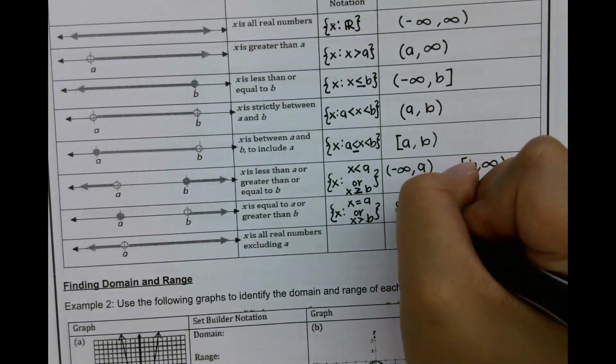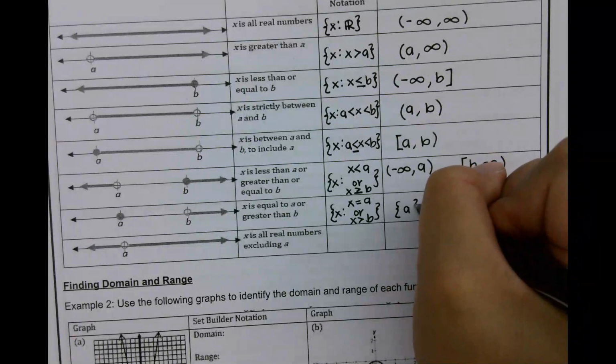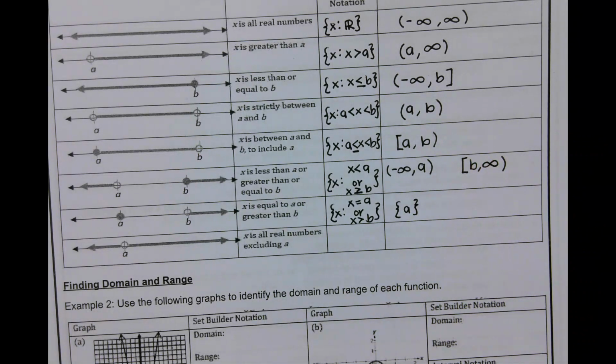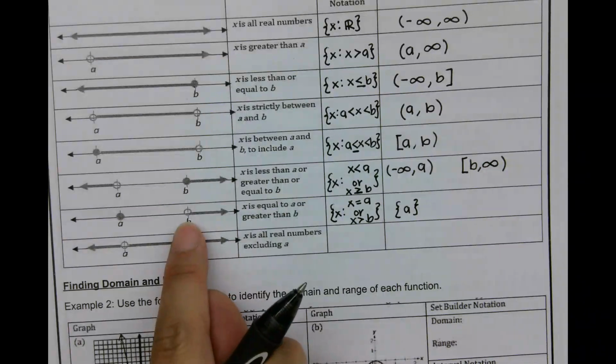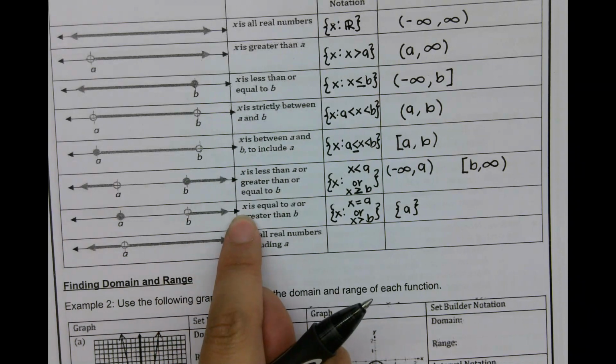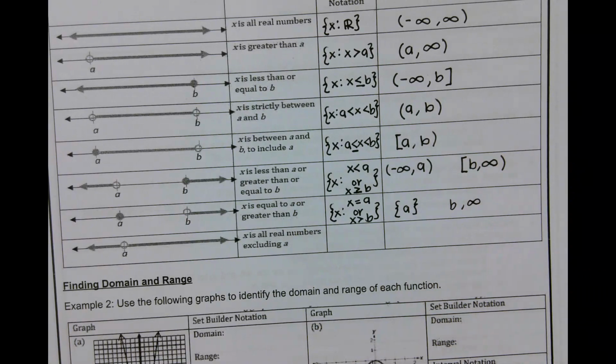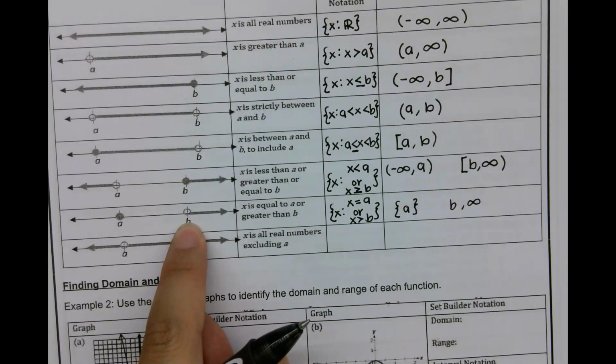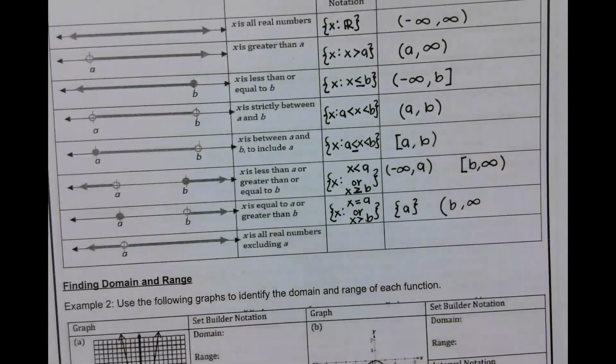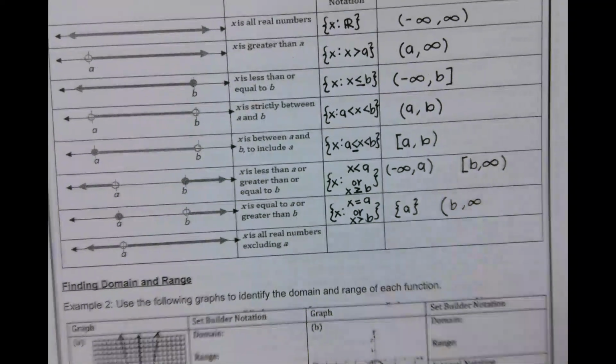For A, that's a little harder to include. But for B, same thing. Starts at B and then goes towards infinity forever. So B comma infinity. Open circle, so B is not included, so that means it's a parentheses. And it's always a parentheses for infinity.